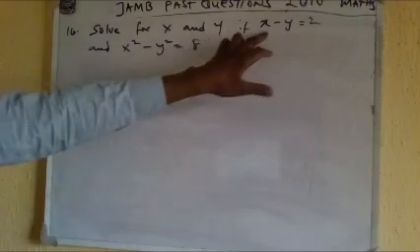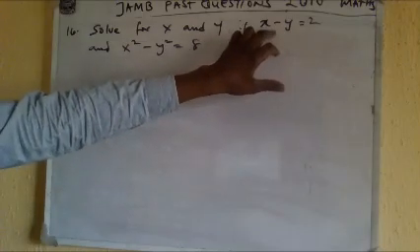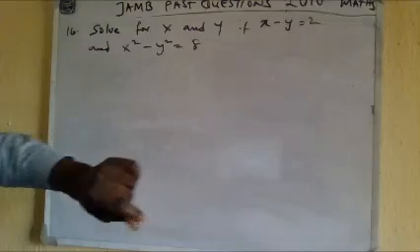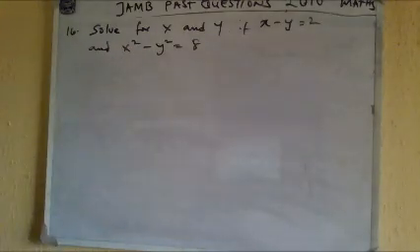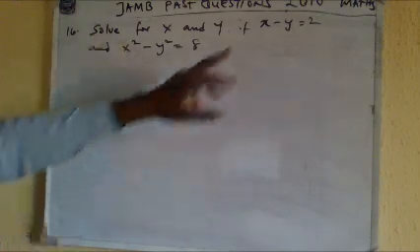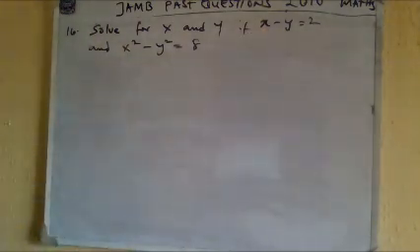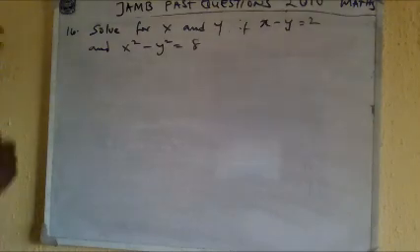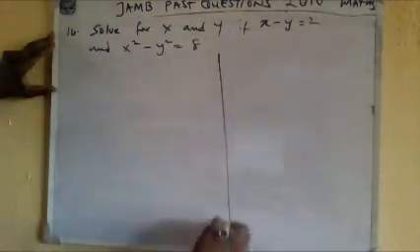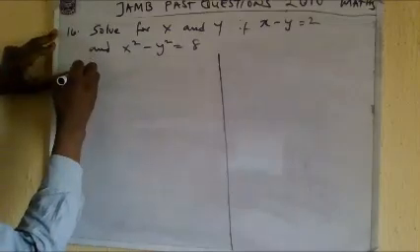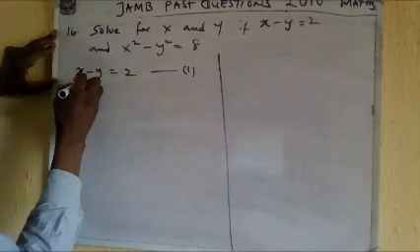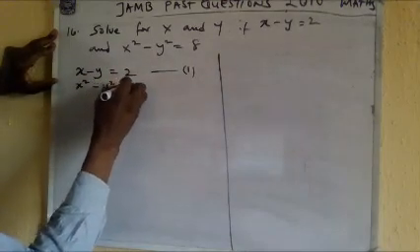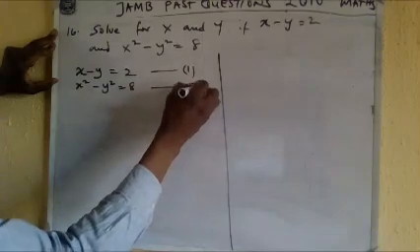Why is this one linear? Because the highest power of the variable is equal to 1. This one is quadratic because the highest power of the variable is equal to 2. But there's something we can do. Just let me rule a line. This will be a long haul. x minus y is equal to 2, equation 1. x squared minus y squared is equal to 8, equation 2.